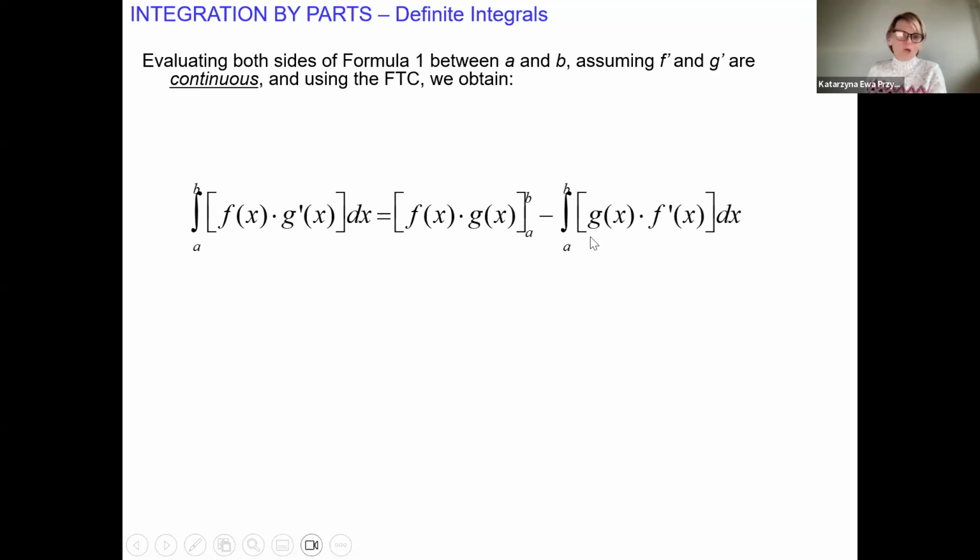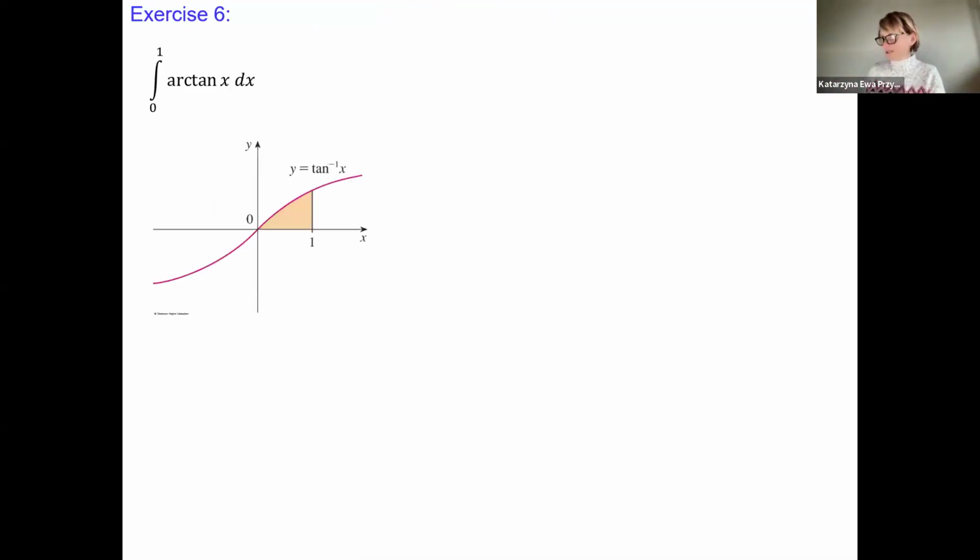The good thing is we're not changing any variables, so we're not changing the limits of integration. They will stay the same. Because for the u substitution, we're actually changing the variables, then we have to change the limits of integration. This one will stay the same. Or you can even find the final answer and apply the limits of integration.